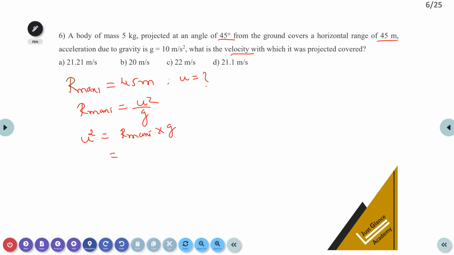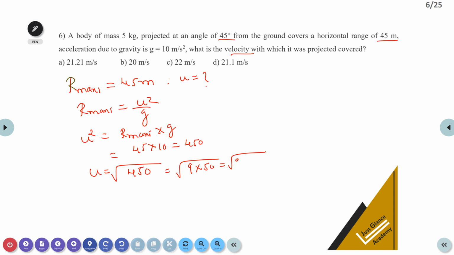This is equal to 45 into 10, equal to 450. So U equals square root of 450. You should arrange the terms like this: 9 into 50.